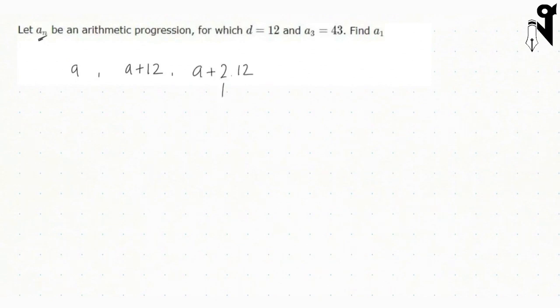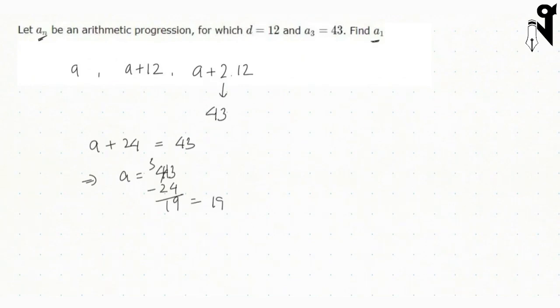This term is basically 43. The question asks to find a1. If a plus 2 times 12, which is 24, is 43, that means a is just 43 minus 24. That is 19, and this is a1.